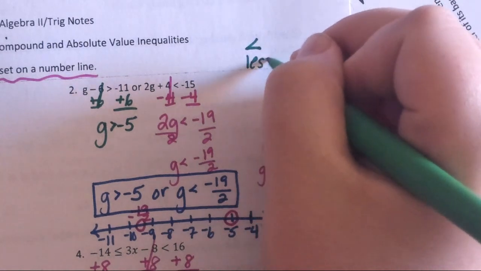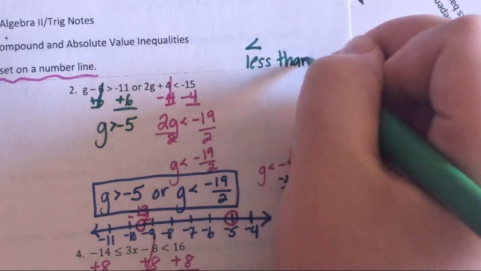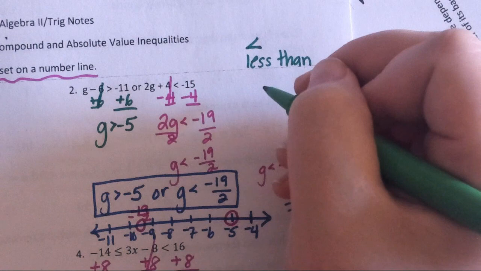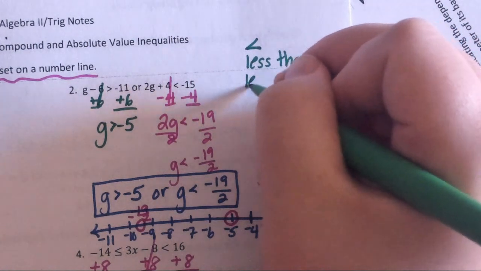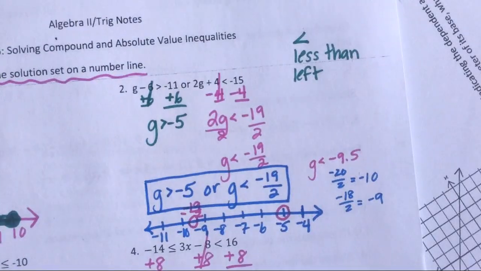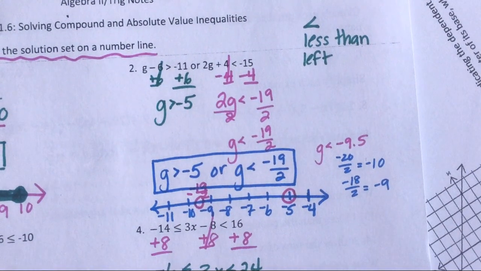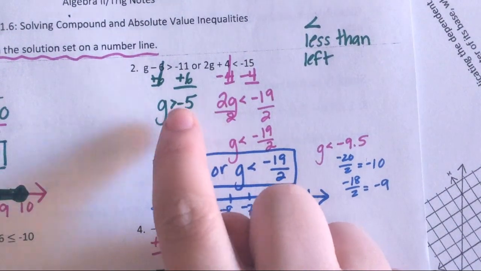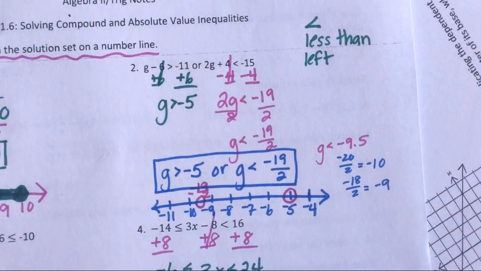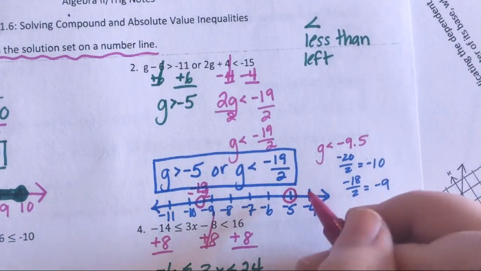What letter does it start with? And so it probably goes with which way? Yes, it does. So as a reminder, less than symbol, that's when we shade to the left. We don't have a less than symbol, do we? We have a greater than symbol. So we're actually going to shade to the right.